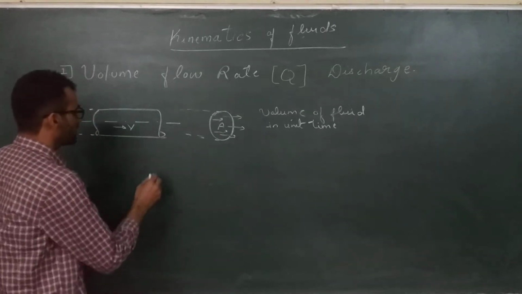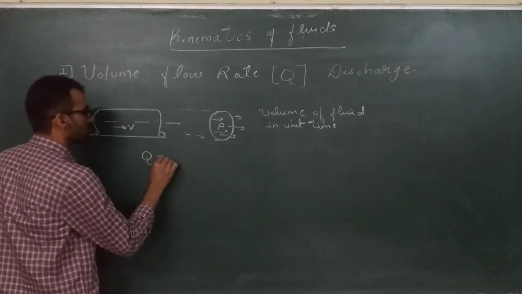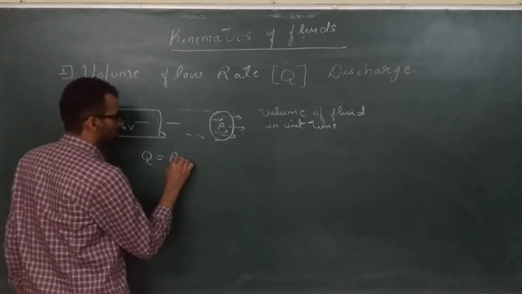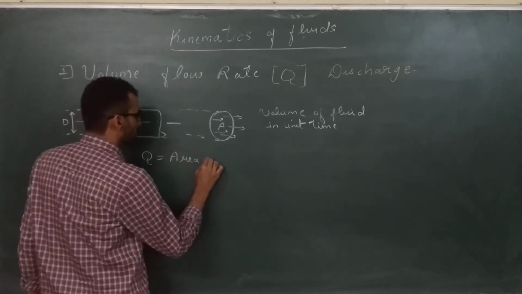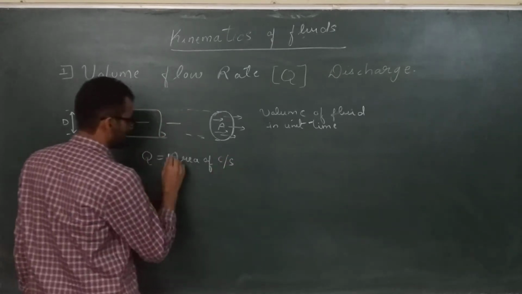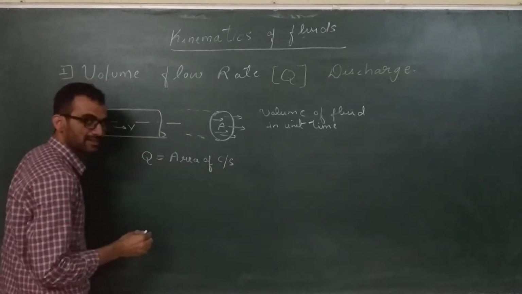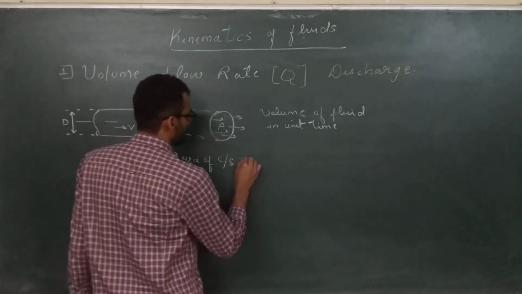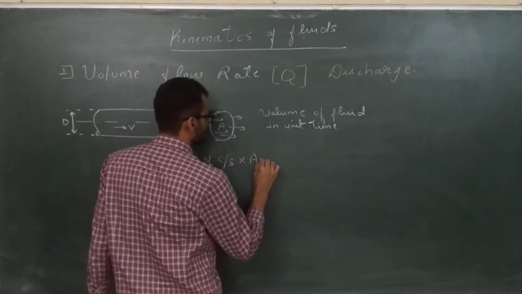So Q is generally calculated as the area of cross section, or more correctly the flow area of the cross section, multiplied by the average velocity.